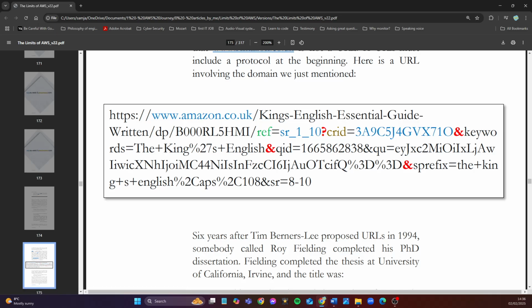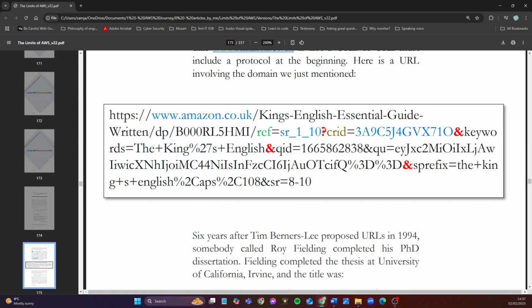So some important characters to draw your attention to here are the question mark, which means we're beginning the query string, and the ampersand. So here it says keywords=. There's lots of these, a name and then equals. You can see it says keywords=the King English. So this looks like someone has typed in on Amazon the King's English.